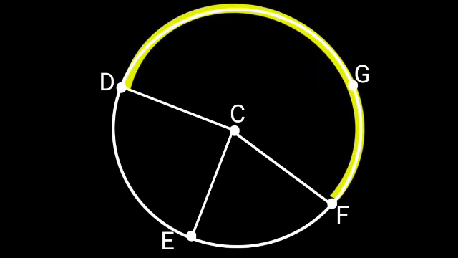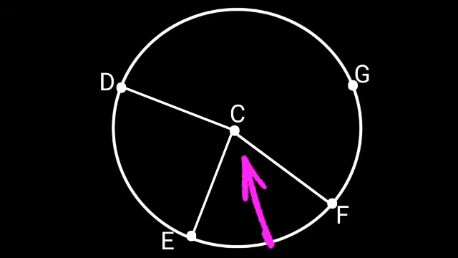We know that the measure of that angle is the measure of the corresponding arc. Hence, measure of arc EF is equal to 70 degrees.